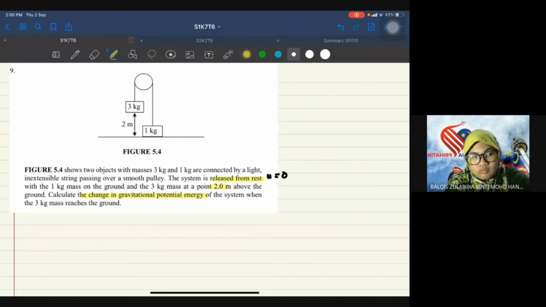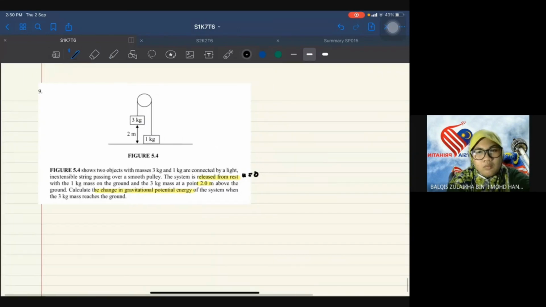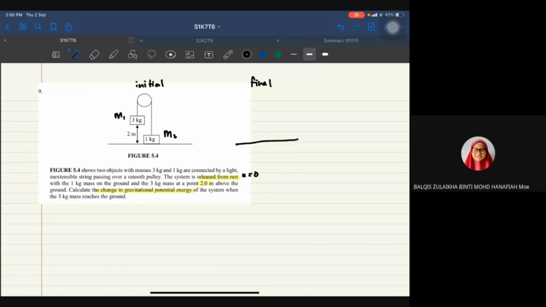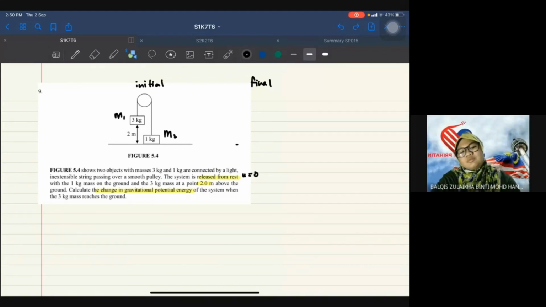Okay. So we have two masses. Let's say I put this one as M1 and M2. So initially this is the situation. Okay. Final, my 3 kilograms is now on the ground.